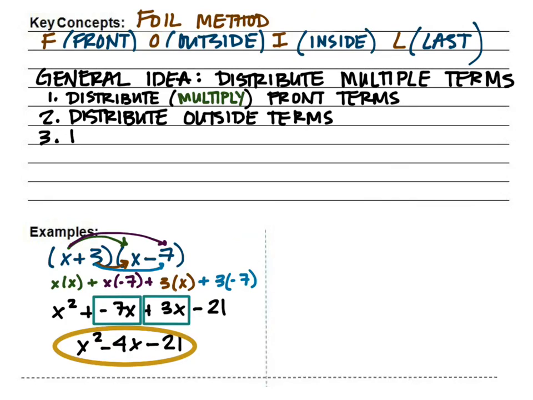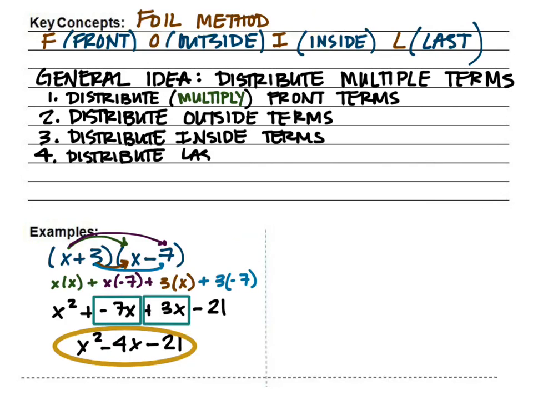And I do the multiplication as I go. I don't draw the arrows for all of it and wait. I actually do the multiplication as I walk through. Then I'm going to distribute and multiply the terms on the inside. And the following, as you can probably guess, is to distribute the last terms, or the terms that are in the very last positions of the binomials.